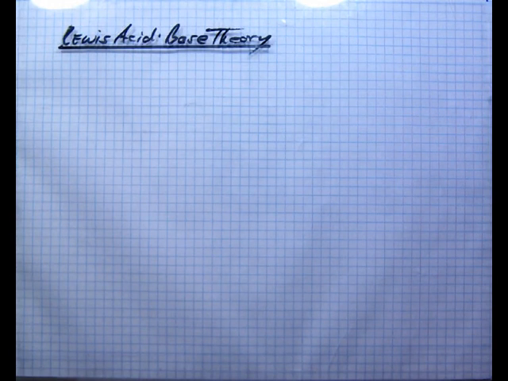So we begin the Lewis acid-base theory. In the Lewis acid-base theory, one can generally state that all molecules can be acids or bases depending on their electronegative character.